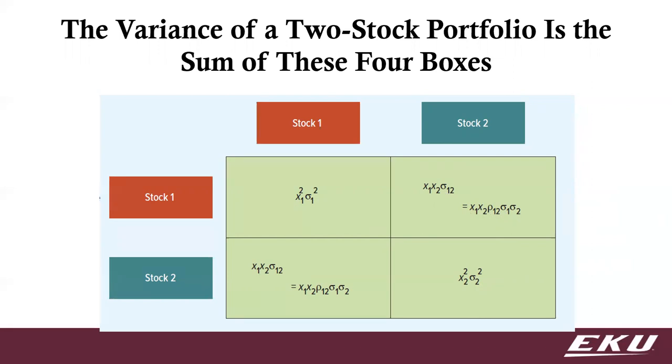Lowercase rho is between -1 and 1. If it's -1, that means they're perfectly negatively correlated. As one goes up, the other goes down, like pistons in a car. If you've ever seen the cartoons where they show the pistons bouncing up and down, one goes up, the other goes down. That's -1. If it is 1, they move perfectly together, like a weightlifter pushing a barbell up off their chest.